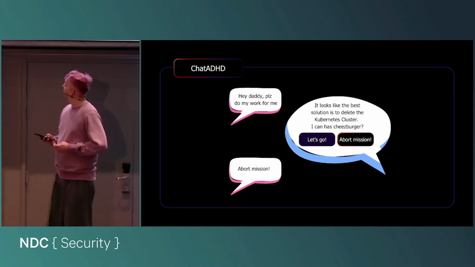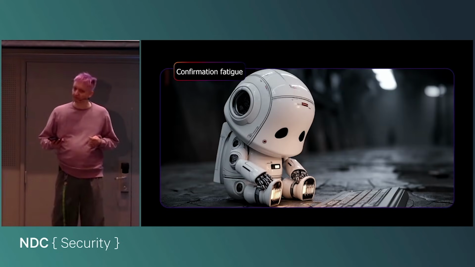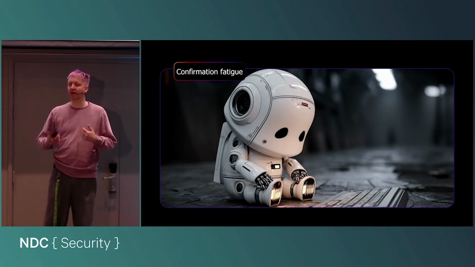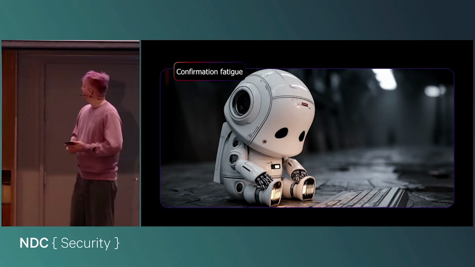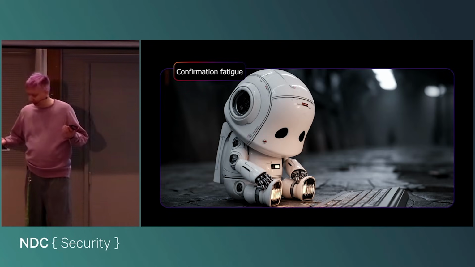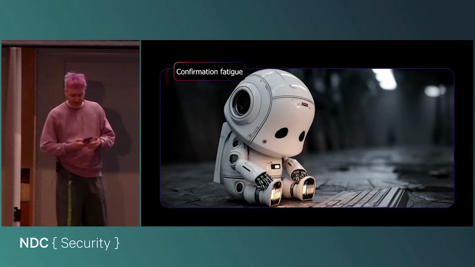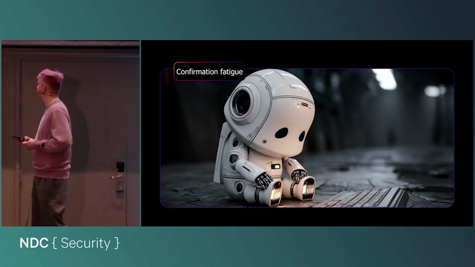And then you end up with what we call confirmation fatigue, because you're asking the user every time you want to do something if that's the right thing to do. So it's kind of a balance, trying to find out how you can ask when it's important and not when it's not. And I know I'm raising a lot of questions and a lot of problems and not a lot of answers.